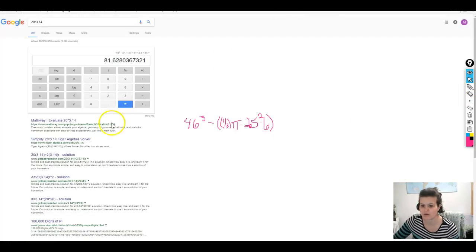So if we come over here, we should have 4.6 cubed minus parentheses, 1/3 times pi, whoops, not double parentheses, pi times 2.5 x to the y squared.